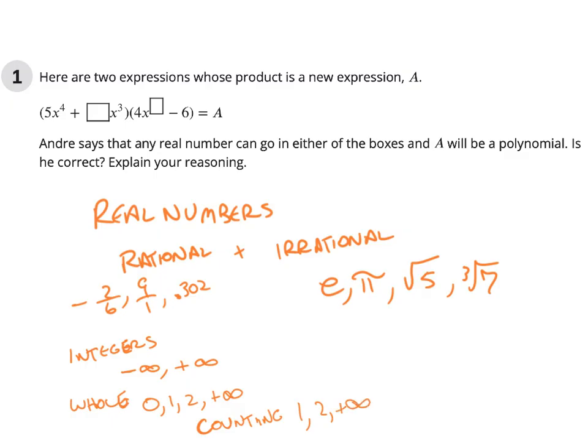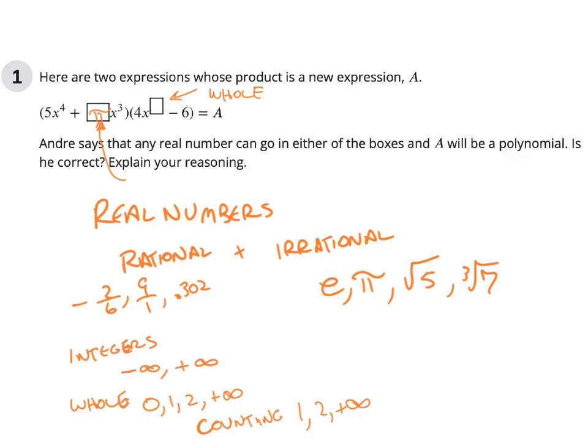So when we say real numbers, we can have any of these numbers. So you can put any real number as a coefficient. That is true. You can put pi as a number. For polynomials, a polynomial must have a whole number exponent. Must be whole. By the mathematical definition of whole, it must be a positive integer.